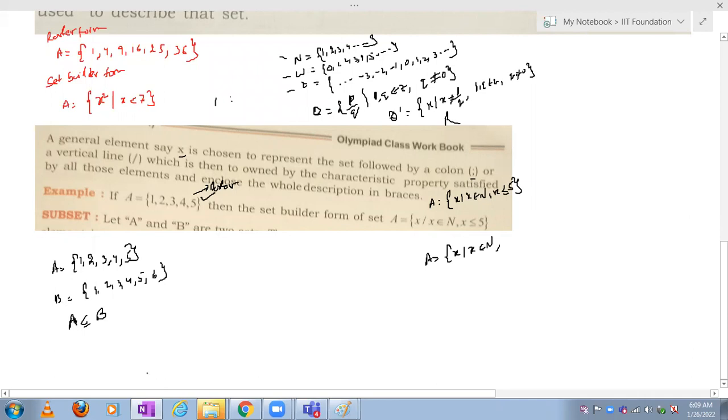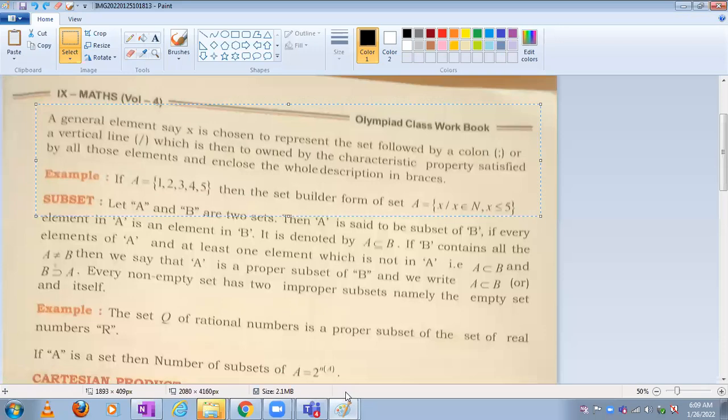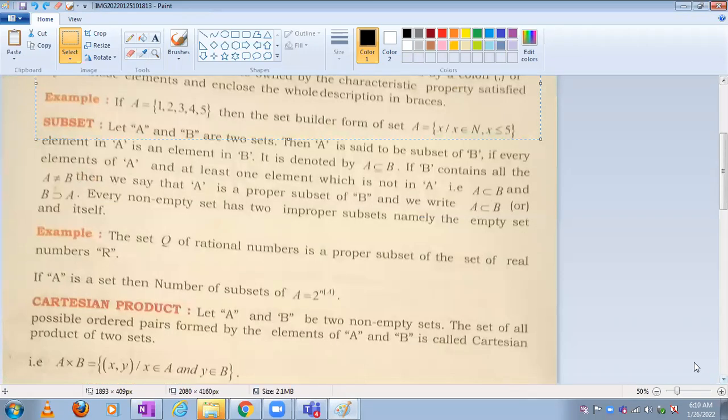In 11th class NCERT, this is the first topic, sets. But in our AP State Board, the sets chapter is not there. Still, we have to learn how much is required. So in functions only we have to learn about the sets.